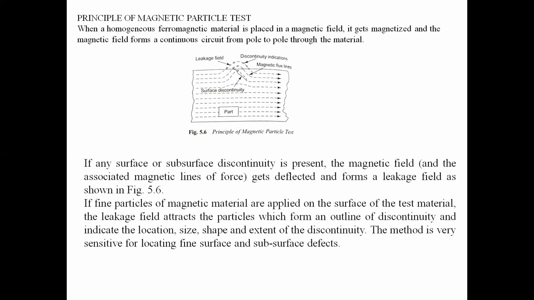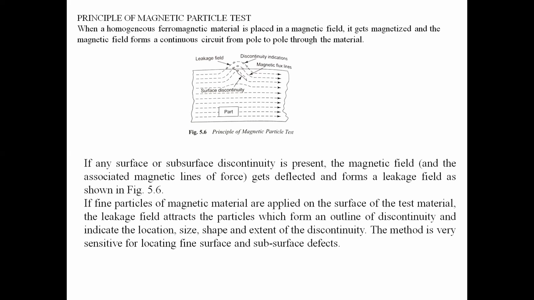But if you want to conduct the magnetic particle test, the material used for testing should be ferromagnetic, which means the material allows magnetization. If the material gets magnetized, only then can we test it under magnetic particle testing.